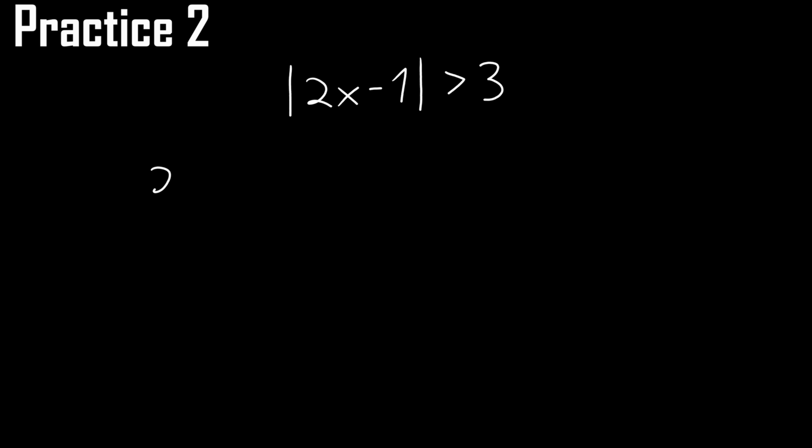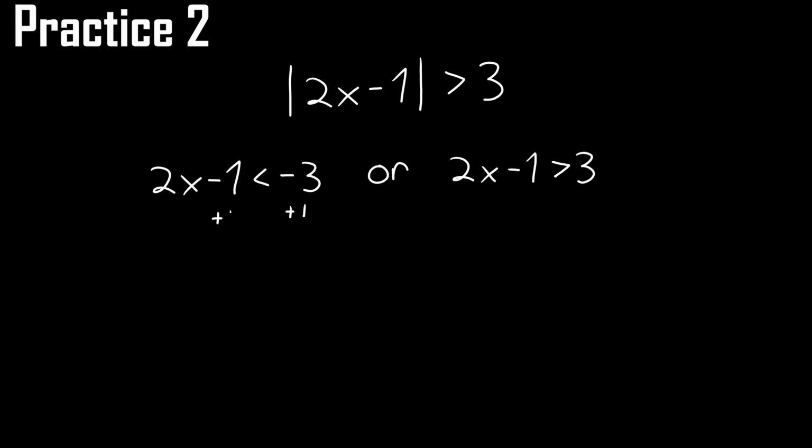We'll have 2x minus 1 is less than negative 3, or we'll have 2x minus 1 is greater than 3. Now when we solve, we'll add 1 to both sides.